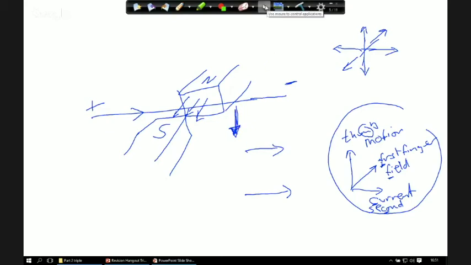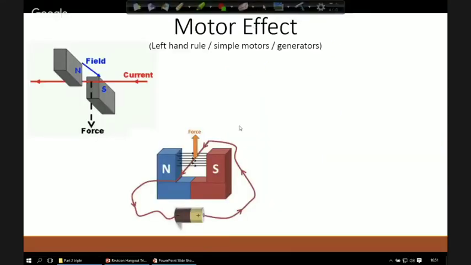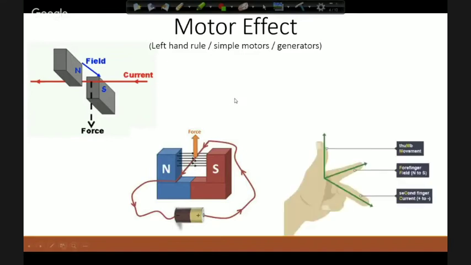Now, just to make sure that my drawing hasn't confused you at all, let's have a quick look here. A much better diagram of a hand. So here's my thumb upwards, first finger showing the field lines, and second finger showing current. So if we apply it to this example here, we can see that the field lines are going into the page, so point in towards your computer screen.